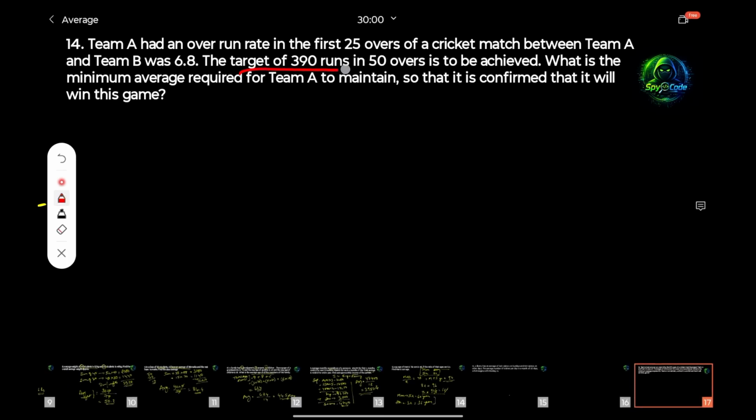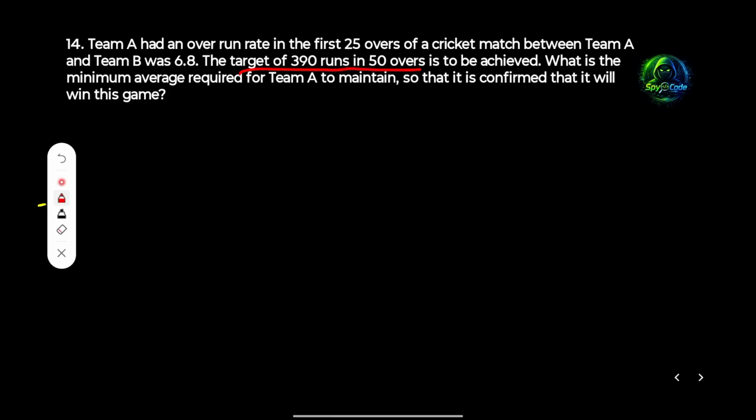So the target is 390 runs in 50 overs. Team A has a run rate for the first 25 overs of 6.8. So the score for the first 25 overs is 6.8 into 25.